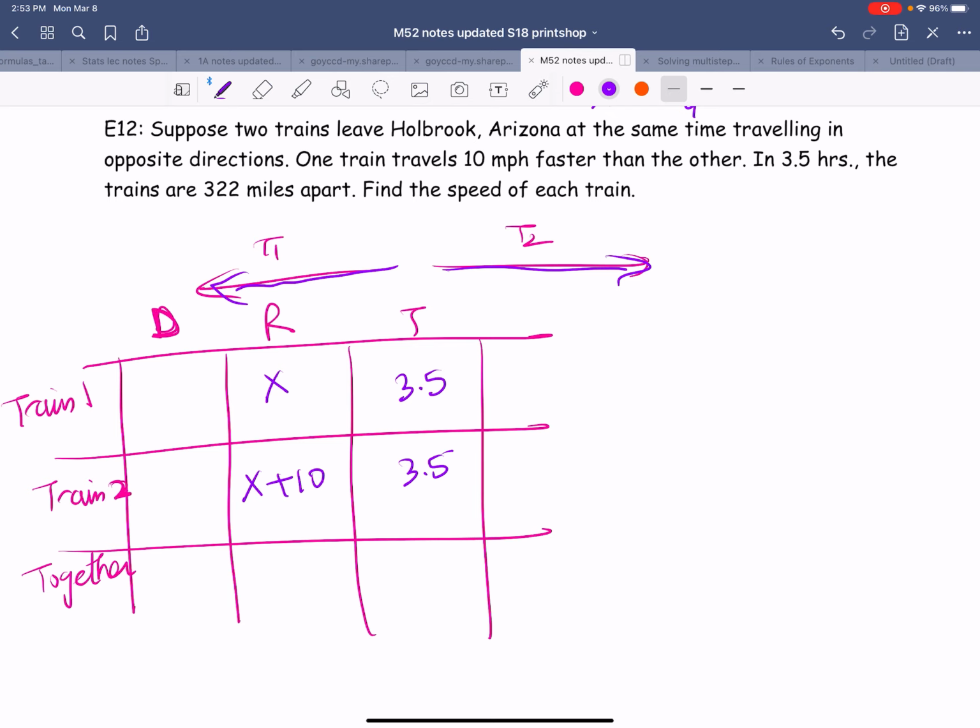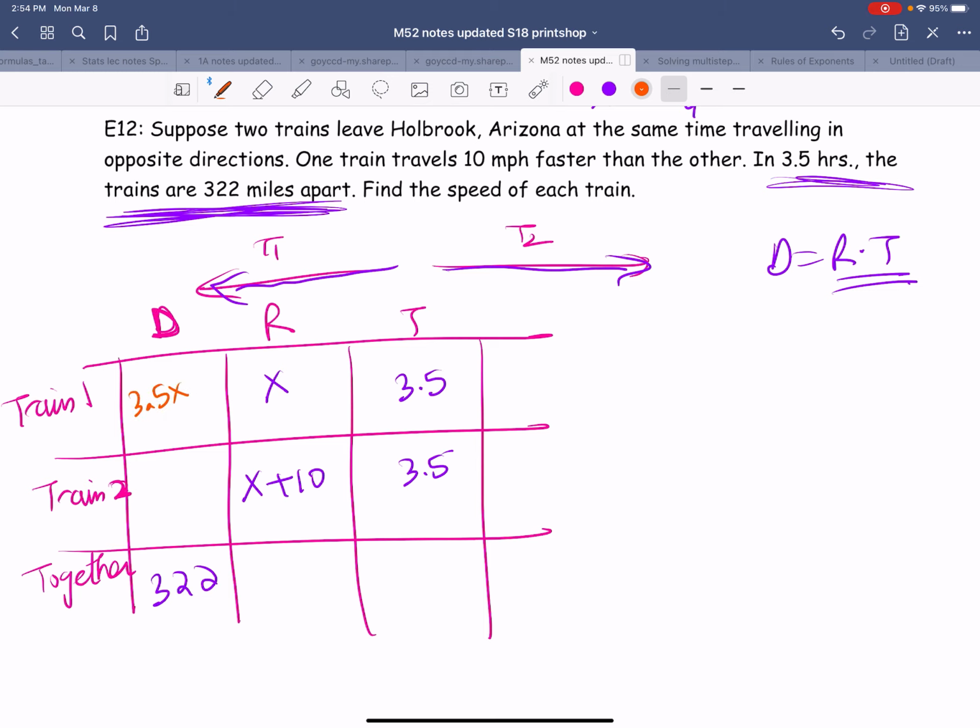And do we know anything about the distance? Well, we know the total distance between them is 322 miles after 3.5 hours. So they are 322 miles apart after 3.5 hours. So let's complete the table. We don't have much in the distance column here, but we know distance is rate times time. So I'm going to go ahead and do rate times time, which is 3.5 times x.